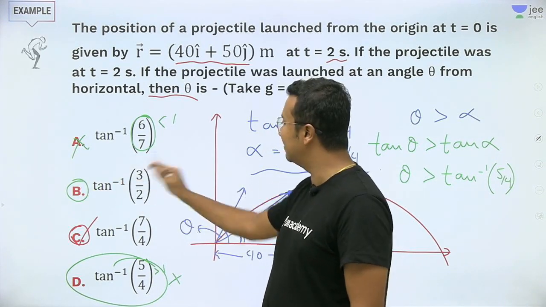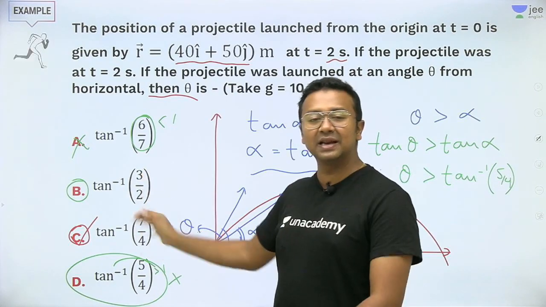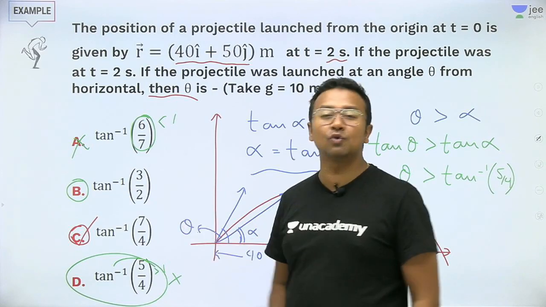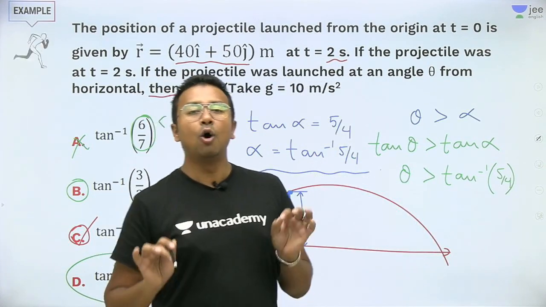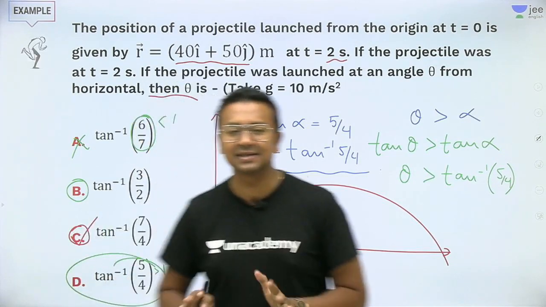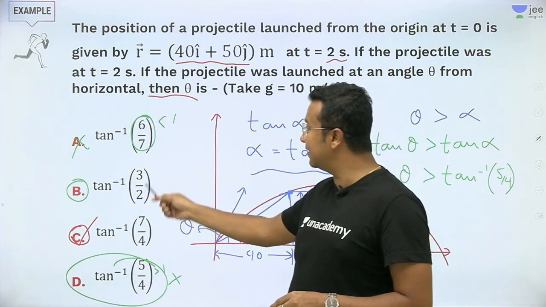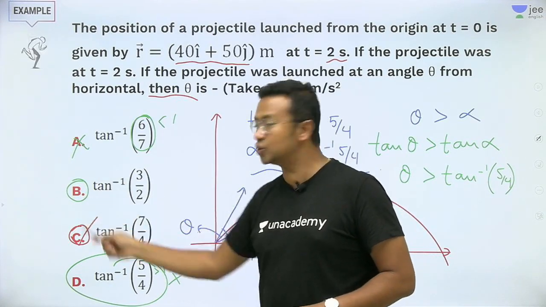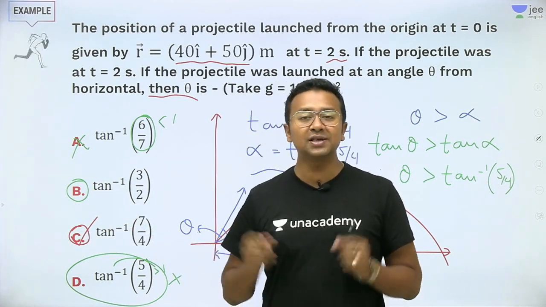But whatever we have been given here, 3 by 2, we will consider that only. So here 3 by 2 is given and 7 by 4 is there, so we will need to follow the traditional, or a little longer, method. But yes, if one of the options has a value lesser than 5 by 4, then we can cancel it also, and finally we are left with option C.